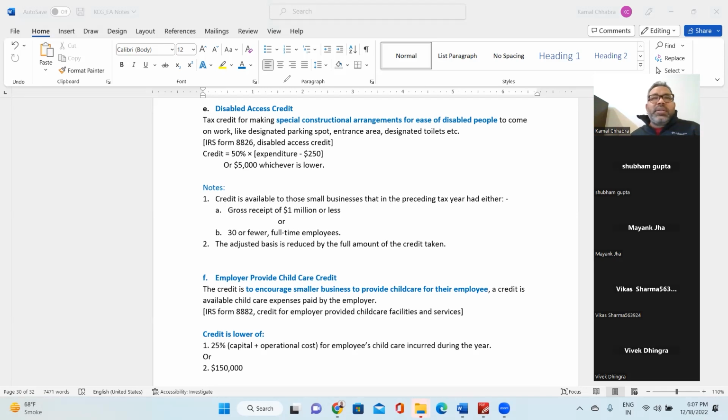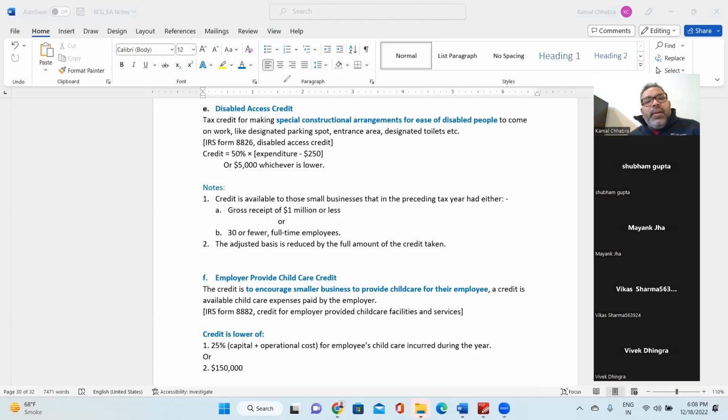All the infrastructure expenditure those companies make to support disabled people, they should get some tax benefit, tax credit, right? For that, this disabled access tax credit is available.